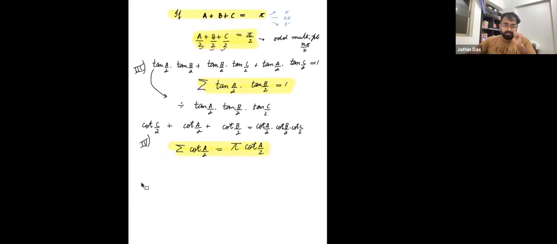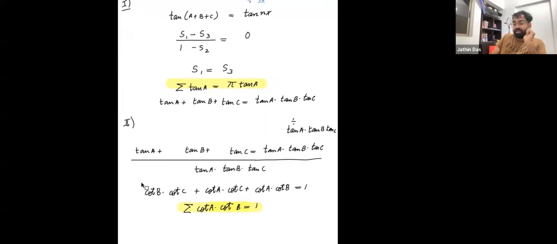Now how I remember is very easy. First I know that A plus B plus C is pi. Let us keep it pi now. For n pi, the first two are always valid. So sum of tans is equal to product of tans, and cot's S2 will be 1.